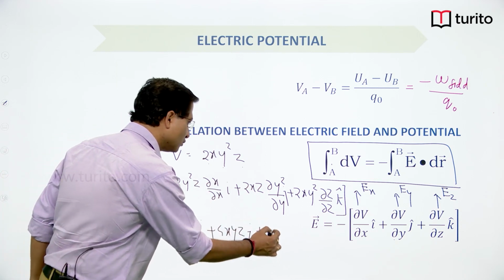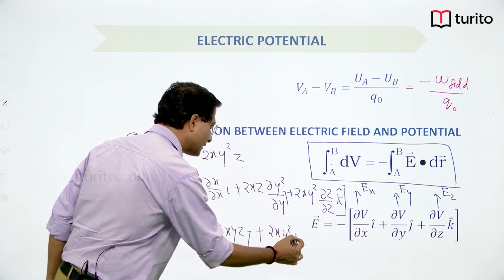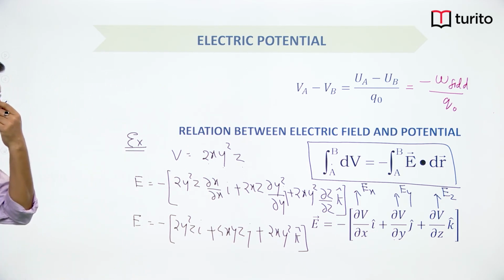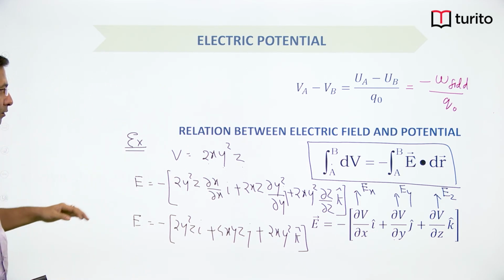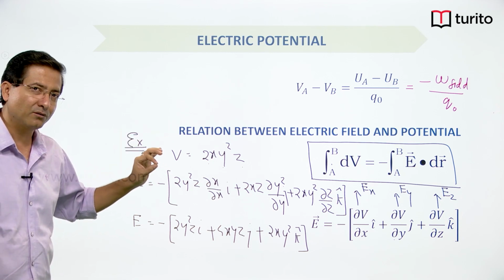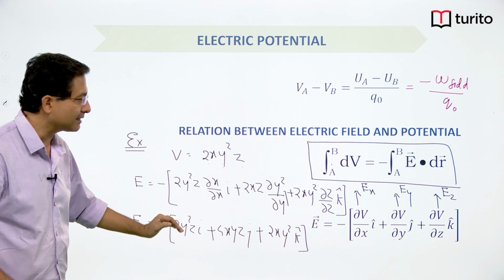So, this will become 2xy square k cap, right. Now, here I am not specifying x, y, z at this particular point, you have to calculate. So, you are getting a generalized expression.